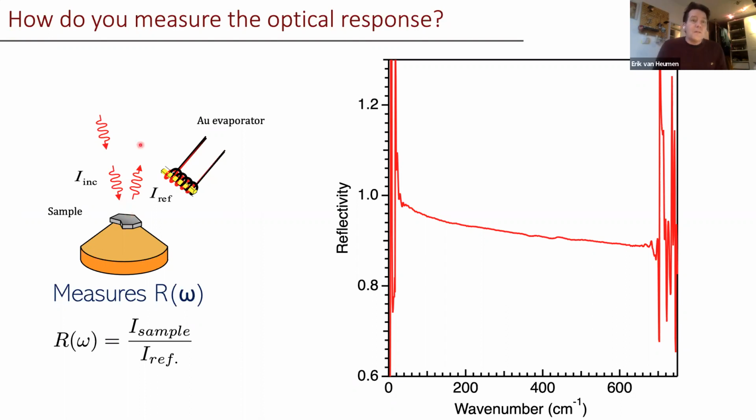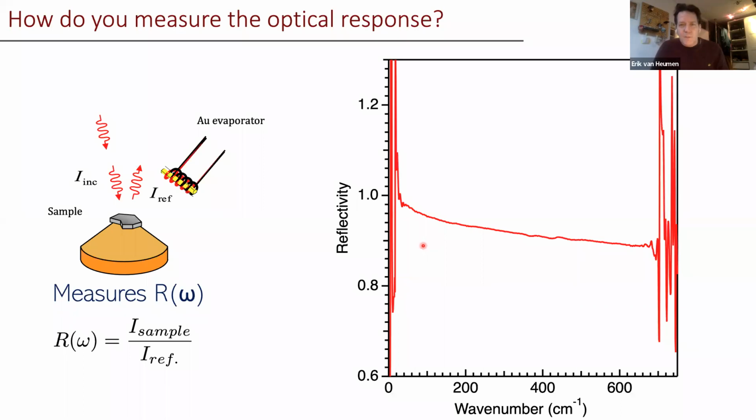After you've recorded part of the spectrum, you cover the sample in gold, which in the infrared is a close to perfect conductor and therefore almost a perfect mirror. Then you take the ratio of these two numbers, and this gives you a percentage, the reflection of the sample. That's what's shown on the right here.